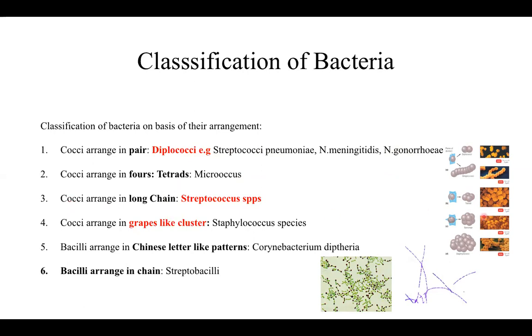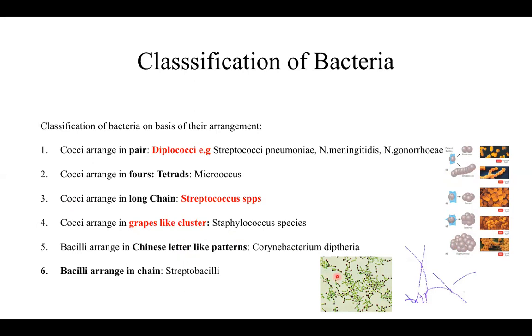Some cocci are arranged in a long chain. These are known as Streptococcus. Some cocci are arranged in grape-like clusters. These are known as Staphylococcus.